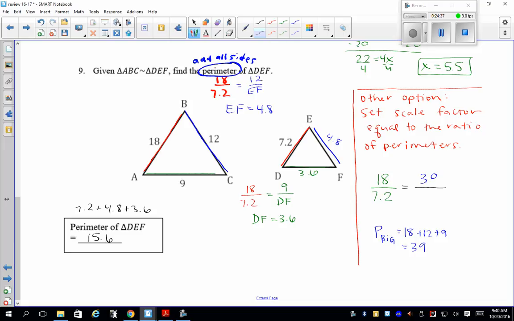So the perimeter of the big triangle will go on top. The perimeter of the small triangle I don't know, so I'm going to put it right there, little p. And when I cross multiply and solve this, you actually still end up getting that p is 15.6, which is the same answer I got before. Okay, so two ways to do this. Whichever way seems to come easier to you or make more sense, you can use.